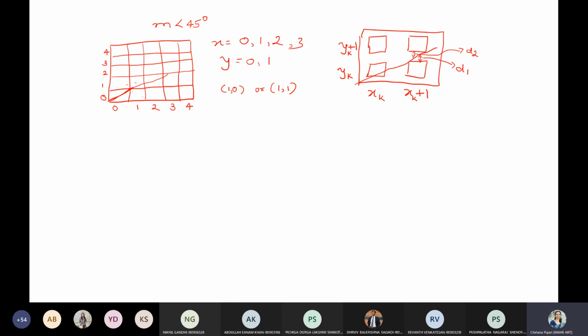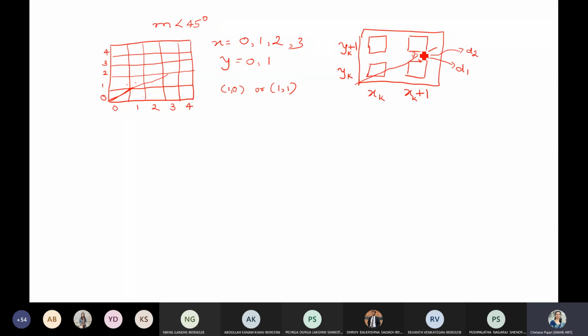So our main intention is to find the nearest pixel. Whichever pixel is nearest to your line will be considered as the next value of your y. Because I'm dealing with m less than 45 degrees, in this case we are calculating the next value of y.